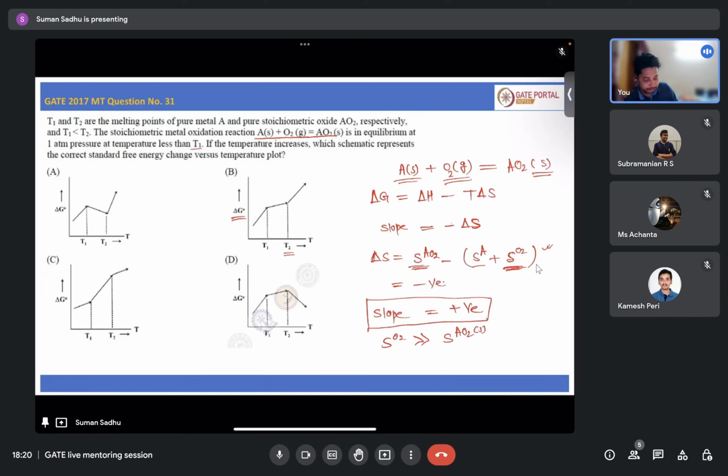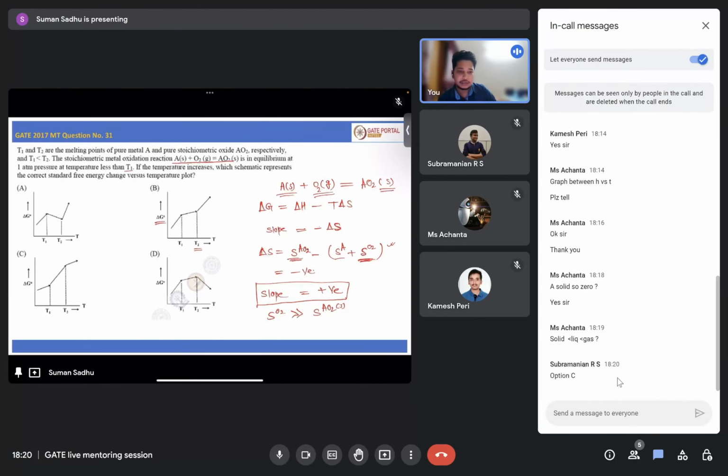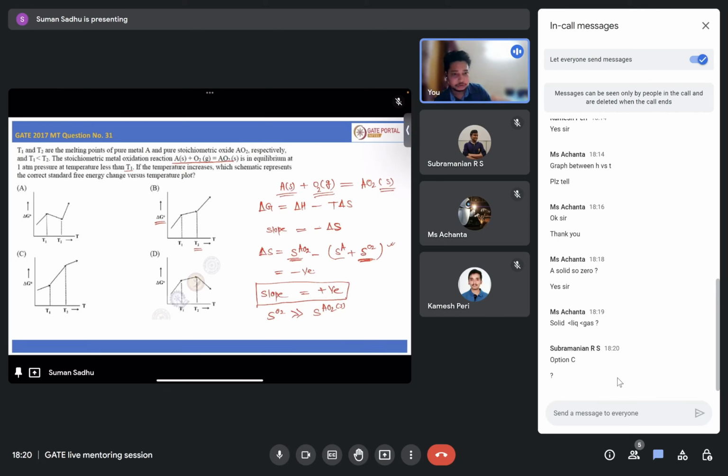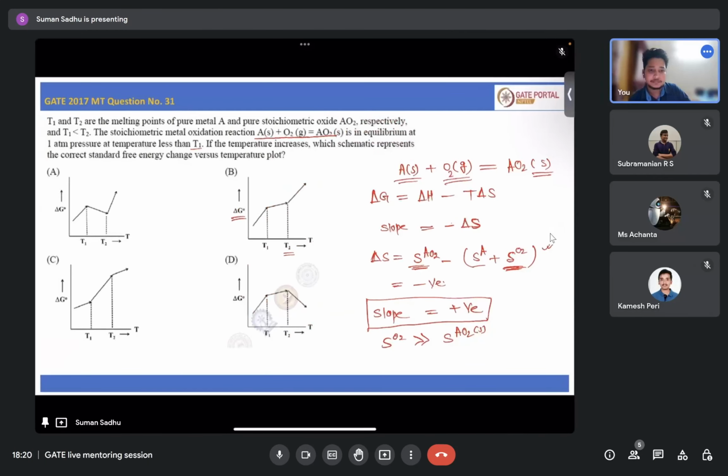So what should be the shape of the curve, which represents the correct standard free energy versus temperature plot? Anyone of you can answer? I have already given some hints. Okay, so you are saying option C with a question mark. That means you are not sure. Any other one to answer? Some hint I have already given, so now you need to think a little bit and then try to answer.